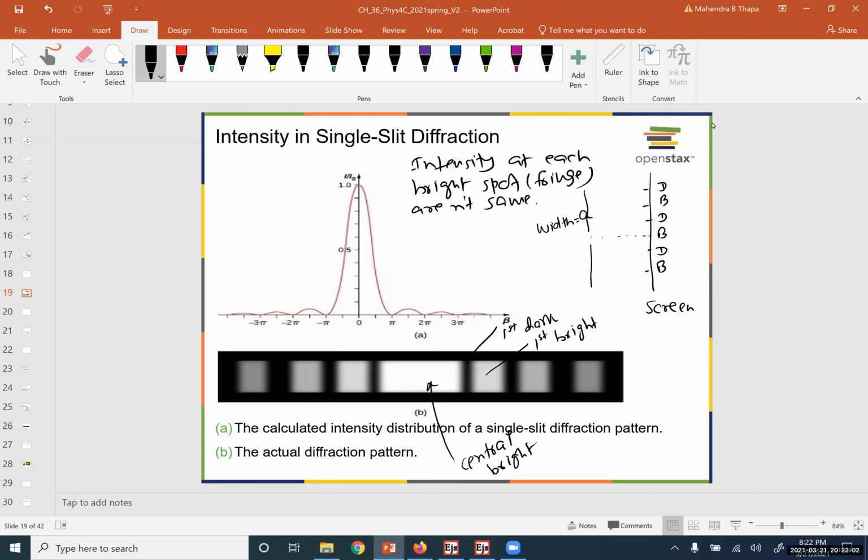You can see in the graph, the intensity is highest for the spot where it is the central maximum, and the intensity goes down if we move to the other band. So this is the first bright.